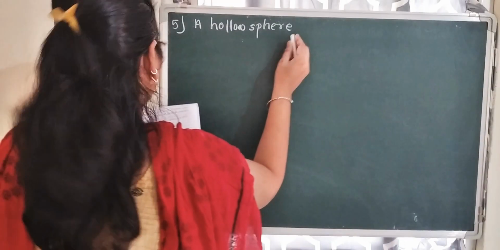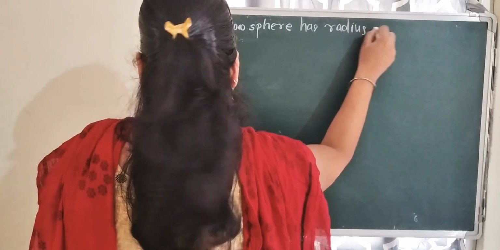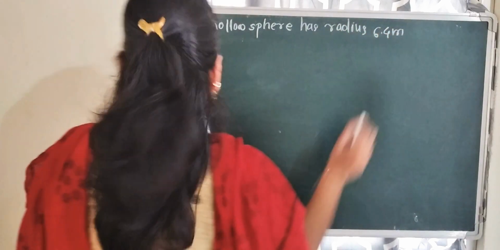Then the fifth example. A hollow sphere has radius 6.4 meter.